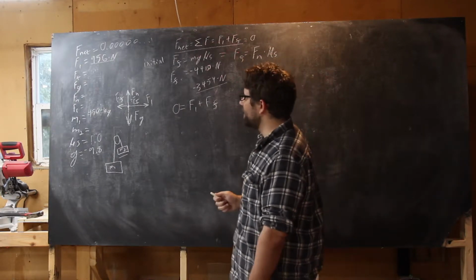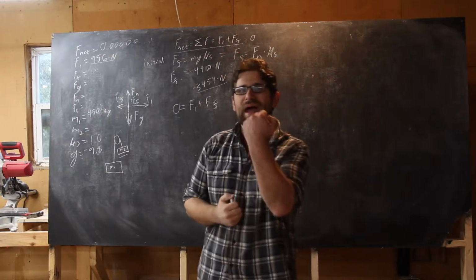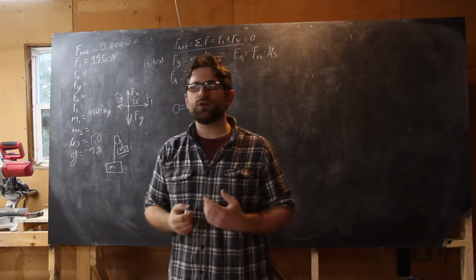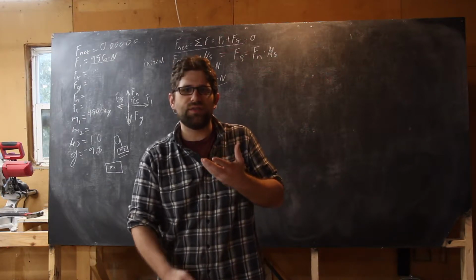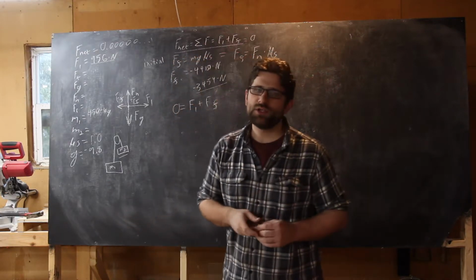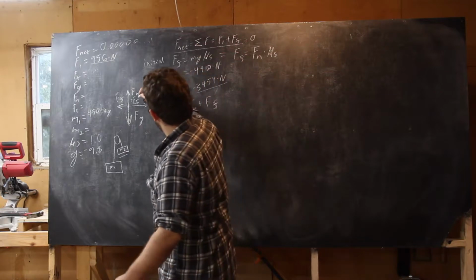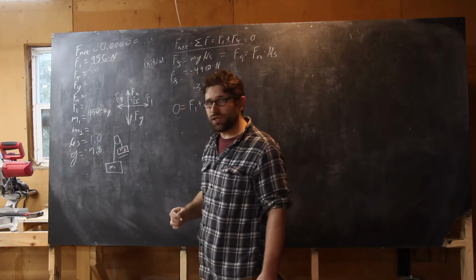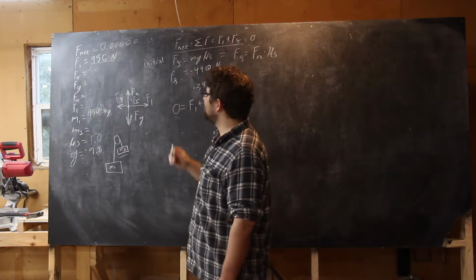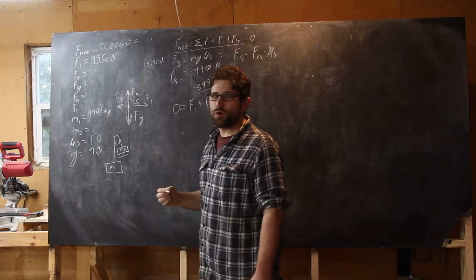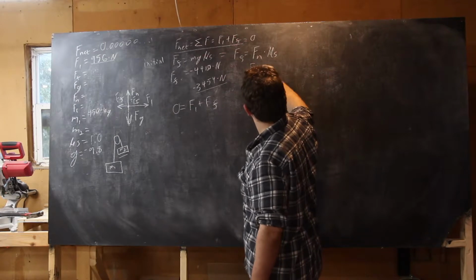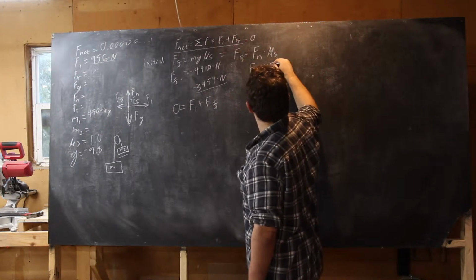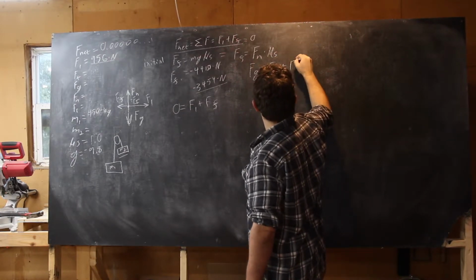Now the force normal is the force that the ground is pushing back up on the car. So if I lighten the amount of gravity that's pushing down on the ground, then that force normal is going to go down. So I need this Ft, this force of tension, to be in addition to the force normal. So that's going to look like this. Force of gravity is equal to force normal plus force of tension.